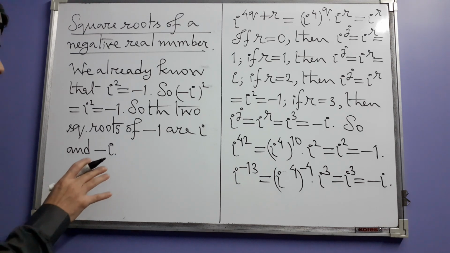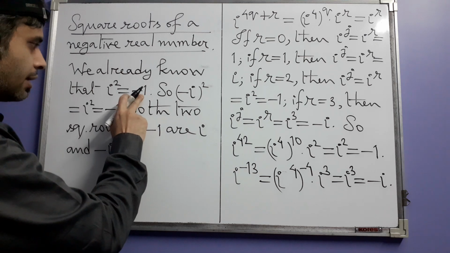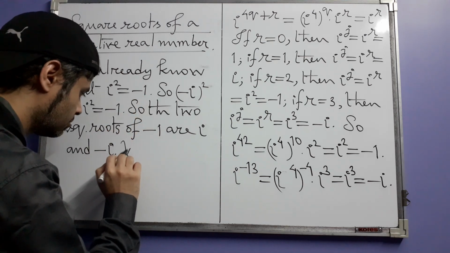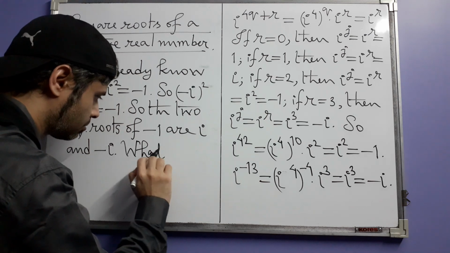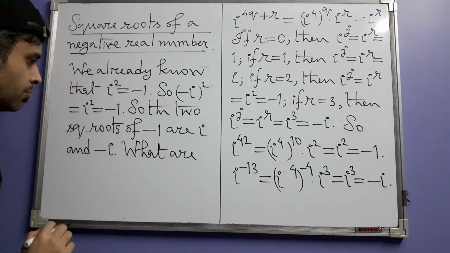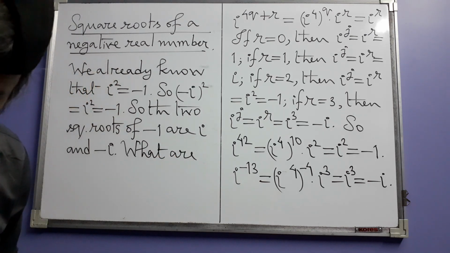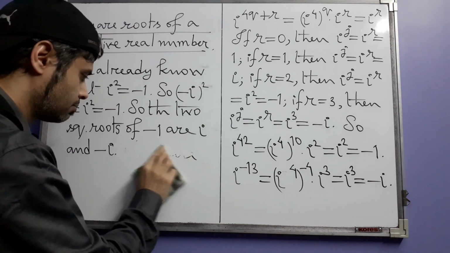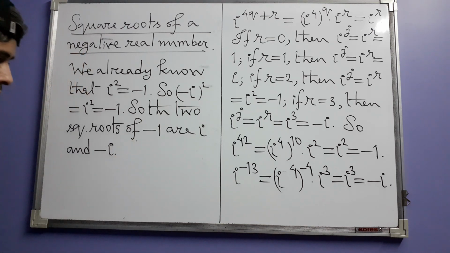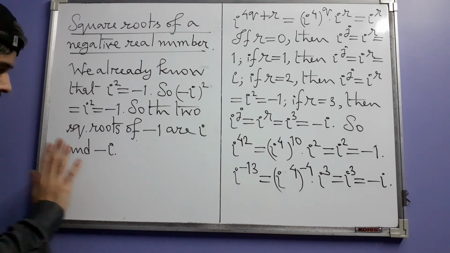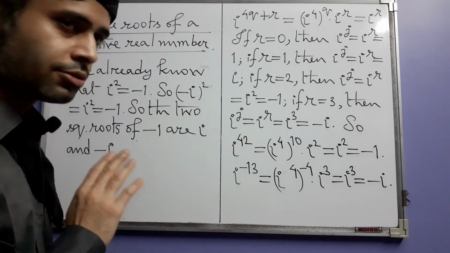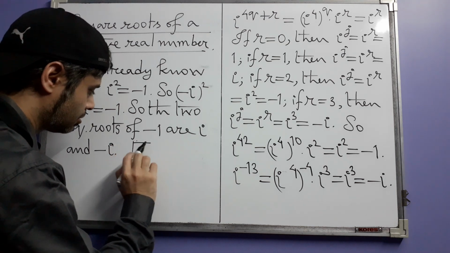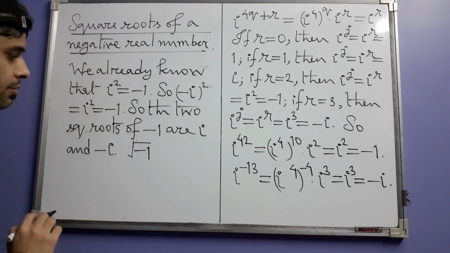Okay, now if I ask the same question about another number, minus 3 say, there is something about the notation also. How do you denote the square root of minus 1 symbolically by writing like this?